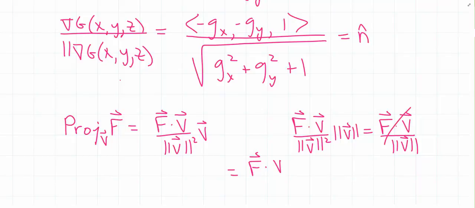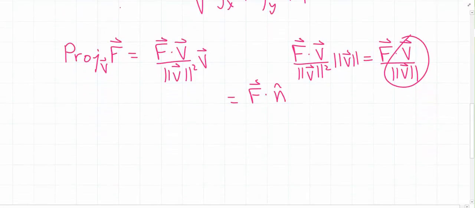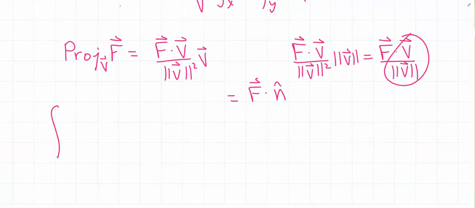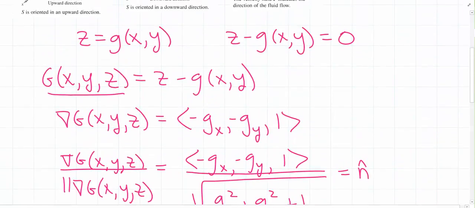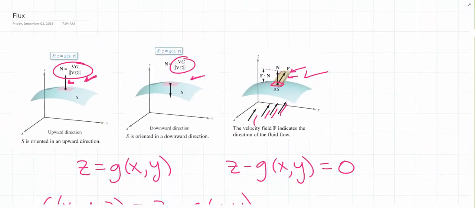So this part right here, I'll just call n. Okay, so what I have is n, and there's my vector. Now that is going to be the height. So if you think of that as the height, then what we have is this surface integral, and we're going to add up a bunch of these little things.